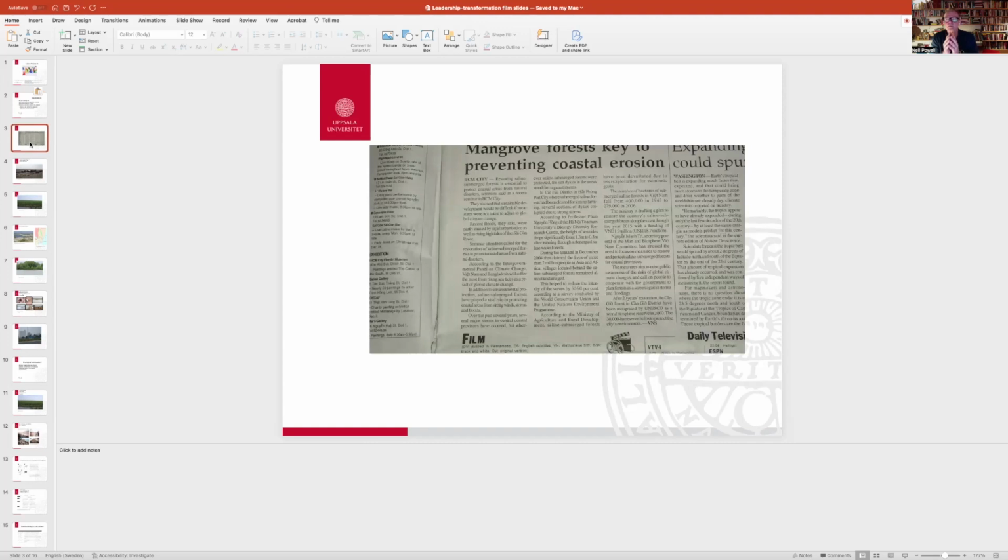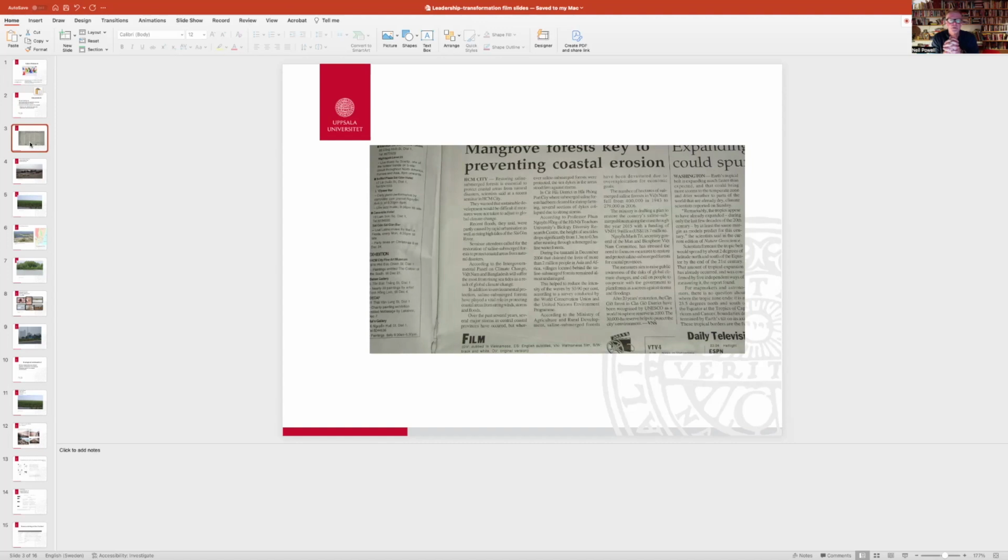I'd just like to present one small case study now to illustrate what I'm talking about here. A case study that we ran when I was working at the Stockholm Environment Institute, and we were funded by the EU to run a mangroves project in several countries in Southeast Asia, including Vietnam, which I'm just going to talk about.